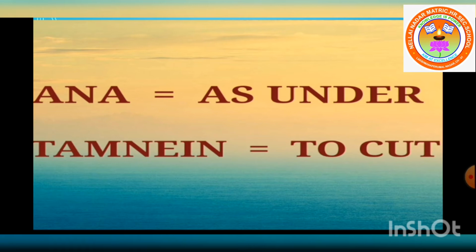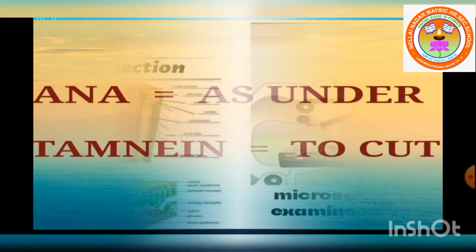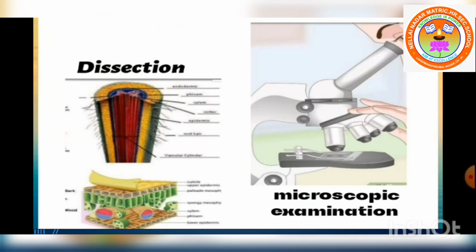So anatomy is defined as to study the internal structure and organization of plants, especially of their parts, by means of dissection and microscopic examination.